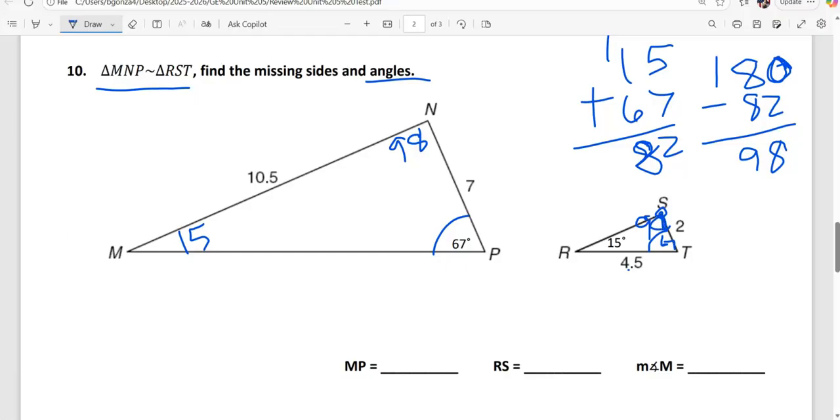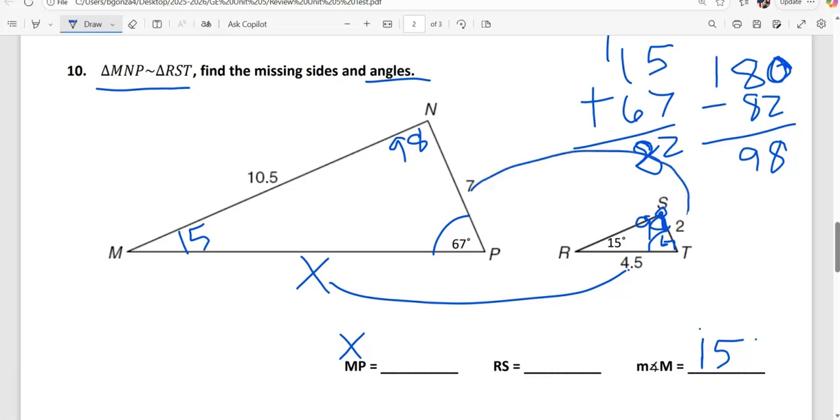So angle M, 15 degrees. Now, MP, put an X there. That goes to 4.5. And then 7 goes to 2.